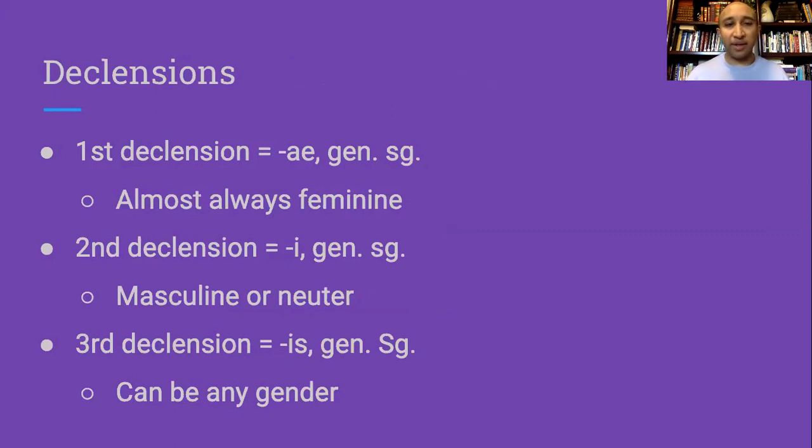Our second declension nouns are going to have an i ending to the genitive singular, and those can be masculine or neuter. And the third declension nouns have an is ending in the genitive singular, and these can be any genders, okay? If you want to see how they change across the nominative and the genitive singular and plural, please check out our charts on the website, okay? I'll let you look at that in your own time.